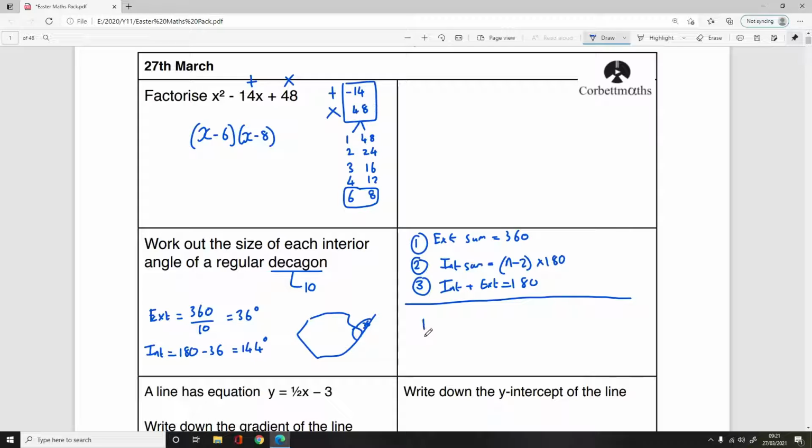So we would go 10 take away 2 times 180, which gives you 1440. And then divide that through by 10 to get one of the interior angles, which is 144. So you could use rule 1 and 3, or you could just use rule 2. Either way, 144 is what you should get.